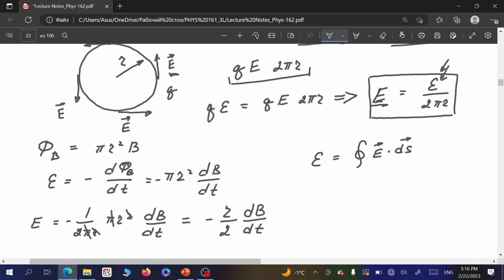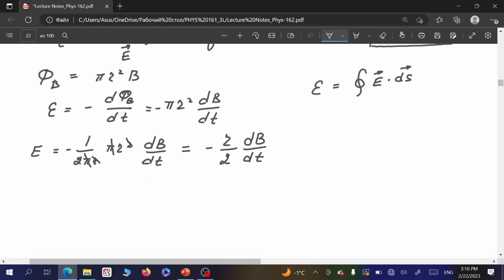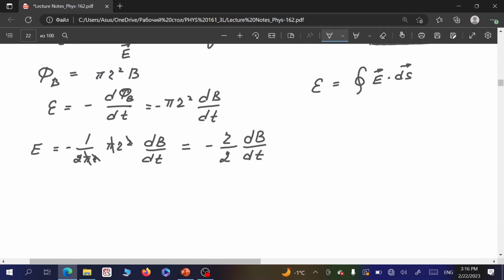When we deal with the induced electric field, the integral over the closed loop of the induced electric field vector scalar product ds vector will be equal to the negative of the first derivative of the magnetic flux, because that stands for Faraday's law.